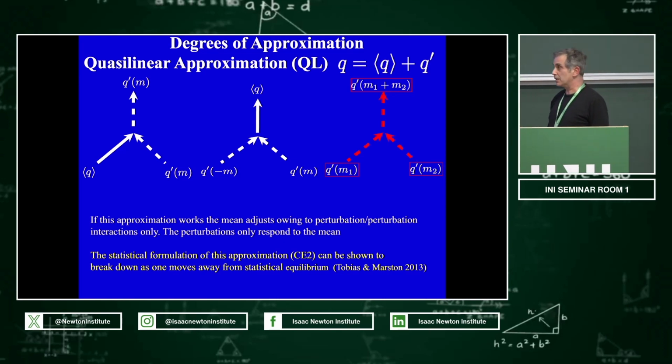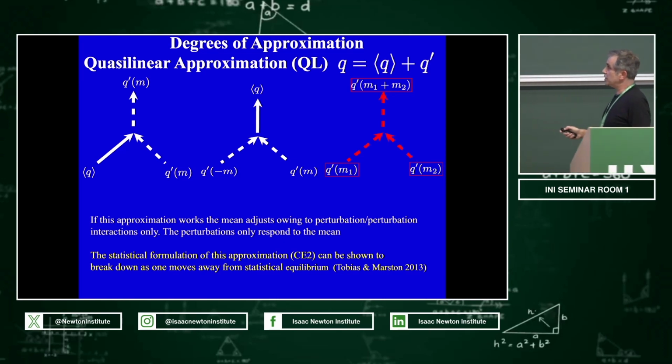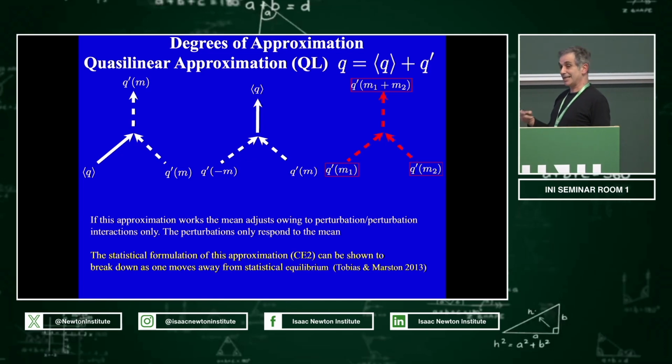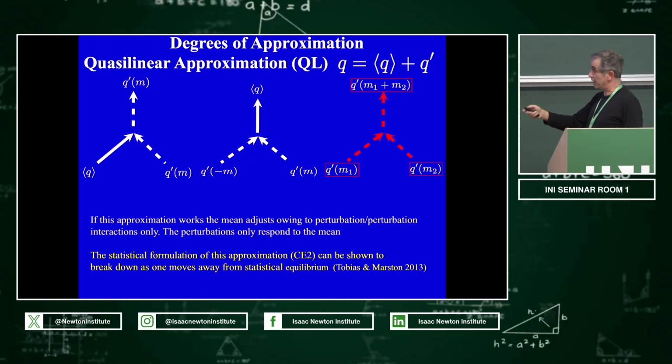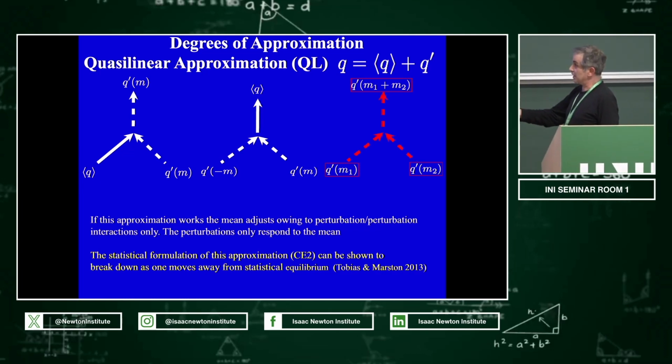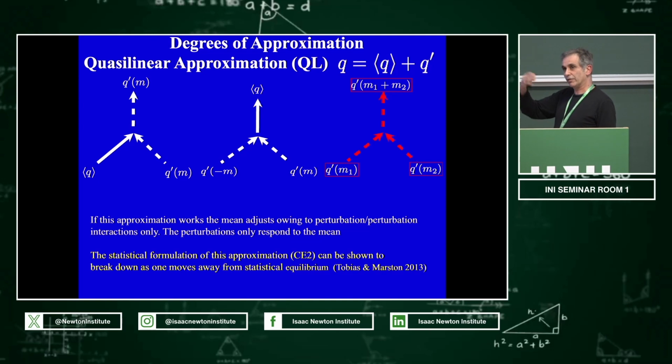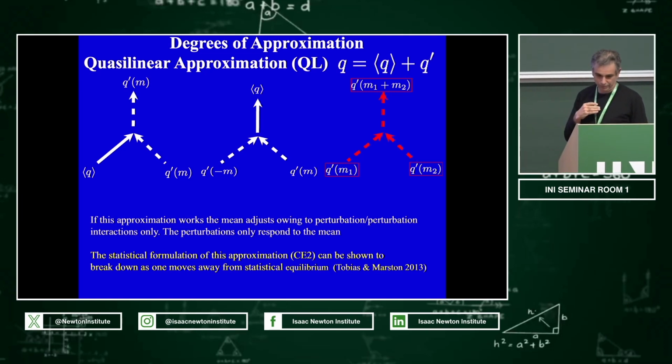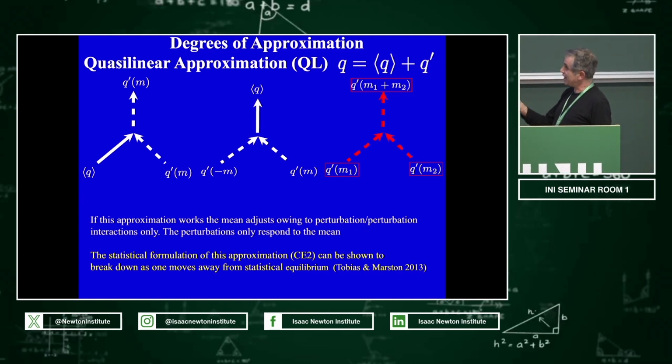What's vital is that the equation for the perturbations is linear in the fluctuations. So it's quasi-linear because the mean is evolving, but the equation for the fluctuations is a linear equation, and therefore it's amenable to closure, as we'll talk about right at the end. So anything we do, we'd actually like to keep that property.